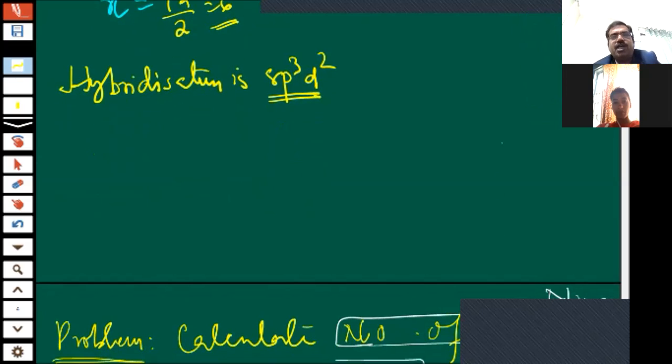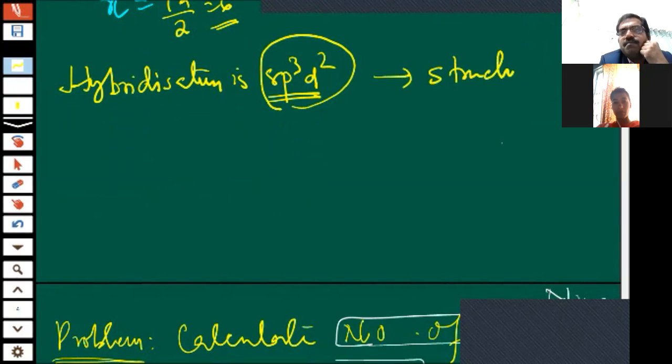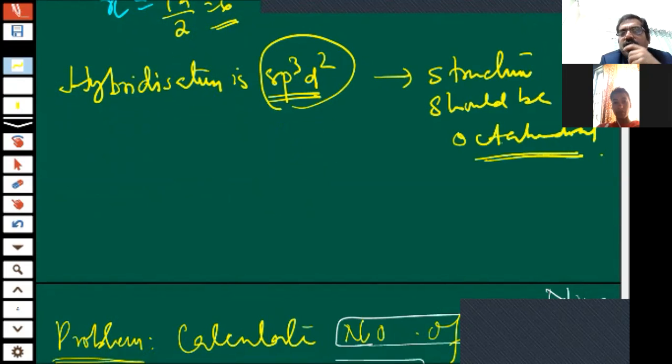So what should be the shape? This indicates that the structure should be octahedral, since 6 means octahedral.